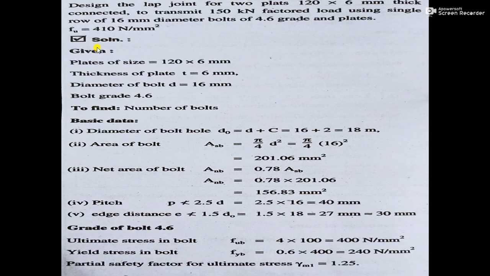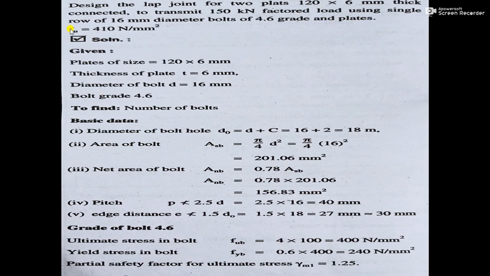We have to use a single row of bolts for this connection, and the bolt diameter is given as 16 mm, that is, 16 mm diameter bolts of 4.6 grade. That is, the grade of bolt is given here. In the last lecture I explained this grade 4.6. When the grade is given as 4.6, then the ultimate stress in bolt is calculated as 4 into 100, that is 400 Newton per mm square, which is the FUB.